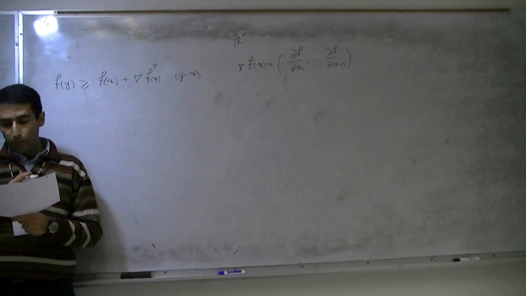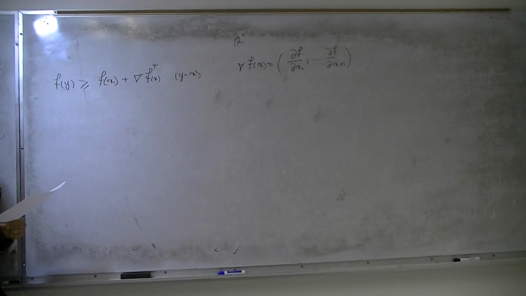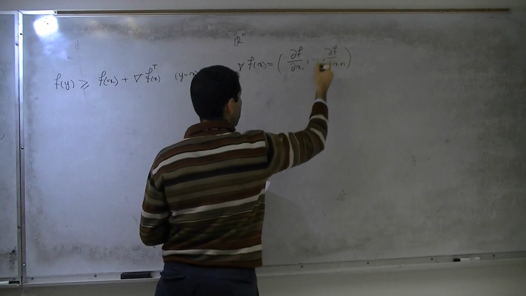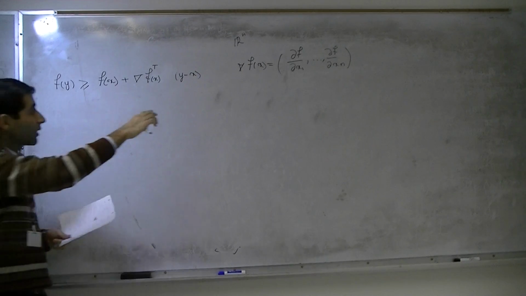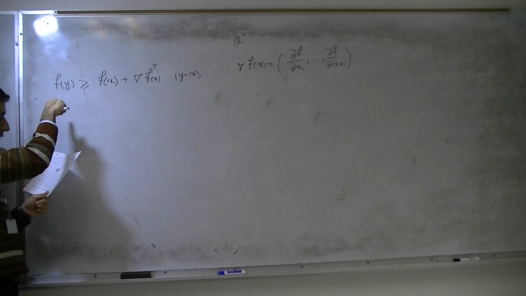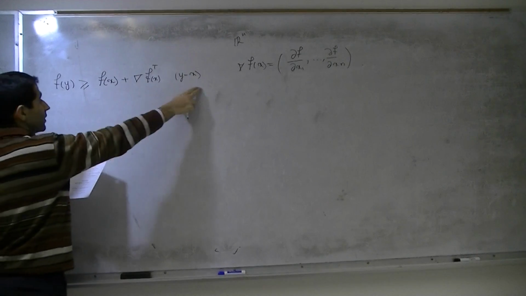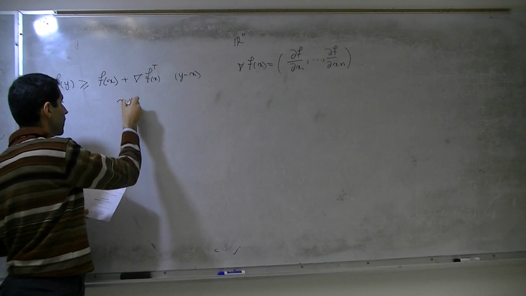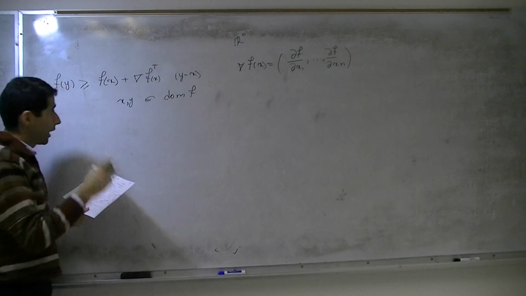If f is differentiable, if the domain of f is open, the gradient we can define as this vector for each point in this domain. The first order condition says for the differentiable function f, if we have this condition for all points x, y belonging to the domain of f, then f is convex.